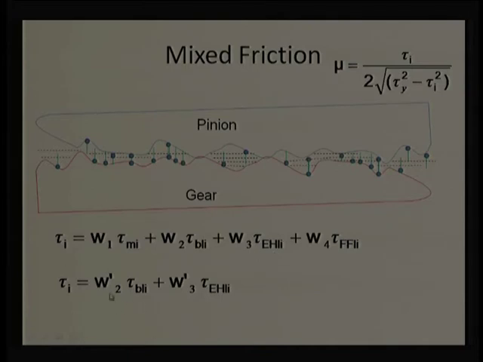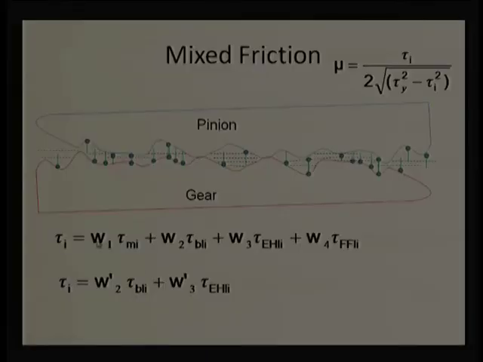Now, these two mechanisms have weights. Naturally, these weights will be different now. Initially, maybe this weight was some value like 0.1, 0.2, 0.3. But we are talking about the gear lubrication mechanism, so naturally W1 is 0, W4 is 0.